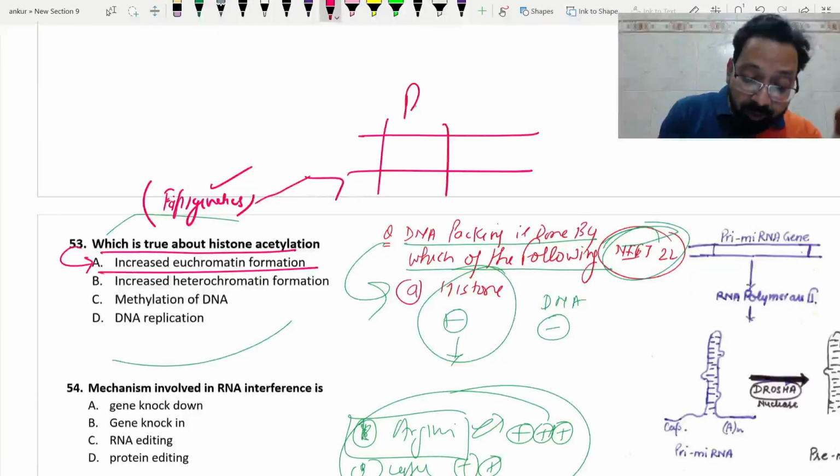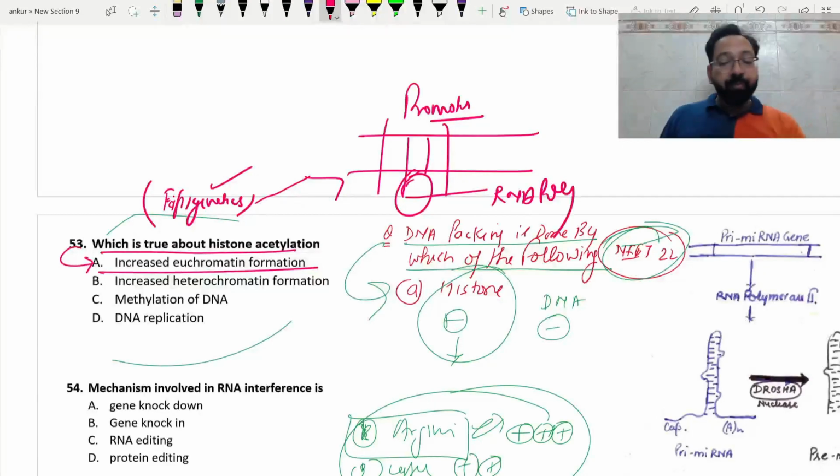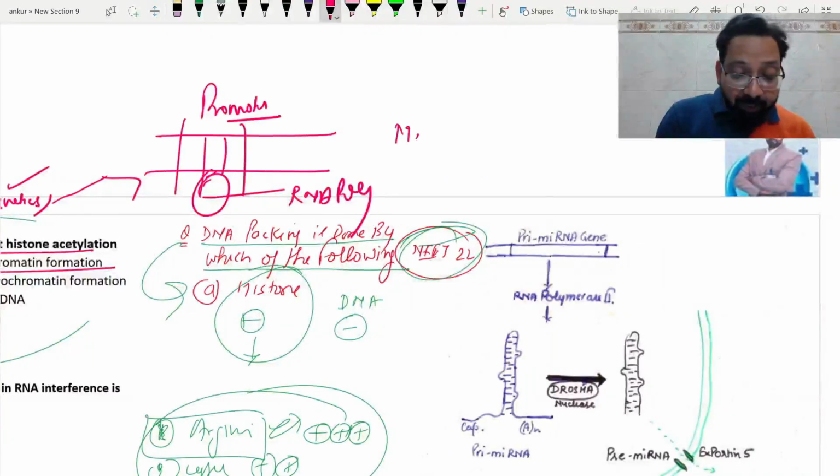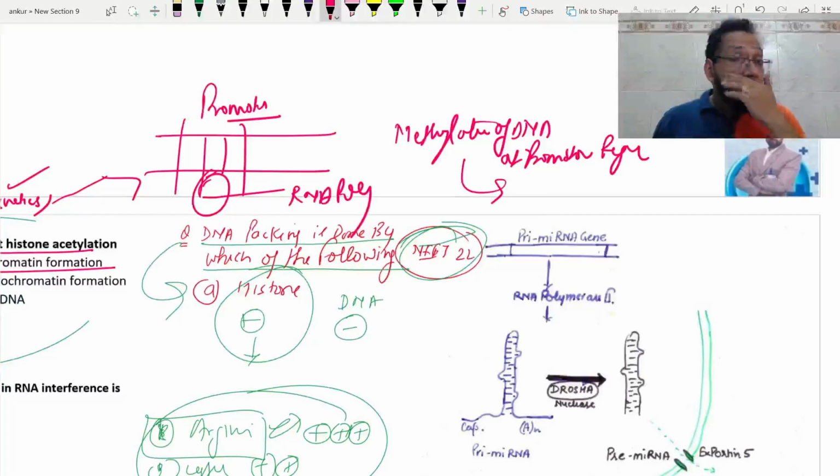Suppose this is the promoter area. A question is asked: the promoter is attached with RNA polymerase. We found that if we want to inhibit transcription, we can do methylation of DNA at the promoter region. Which nucleotide is methylated?